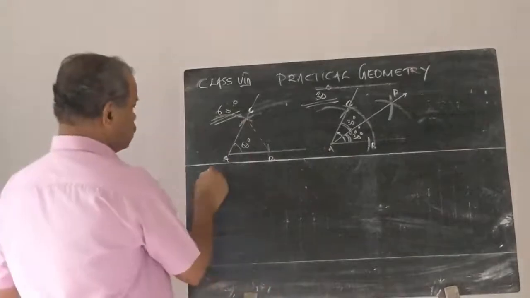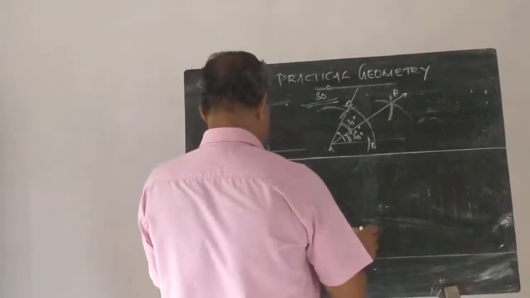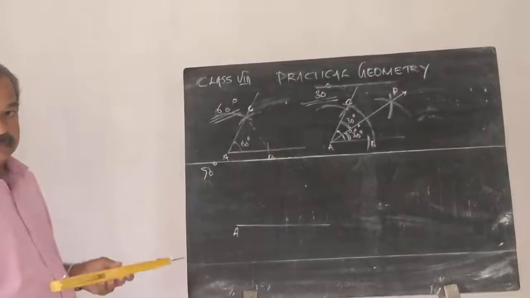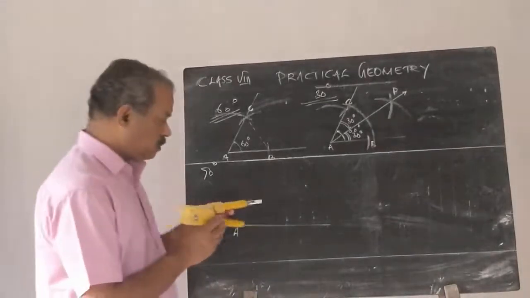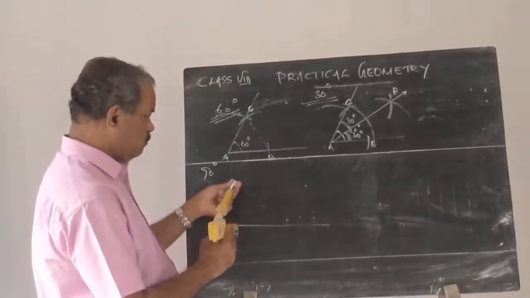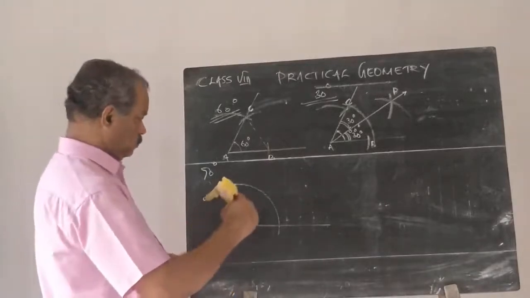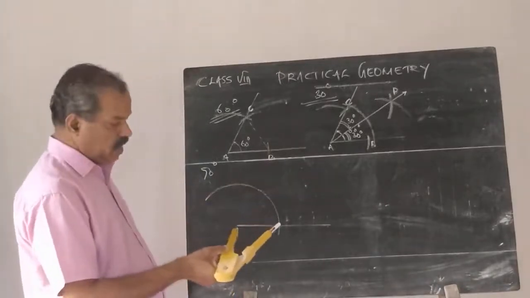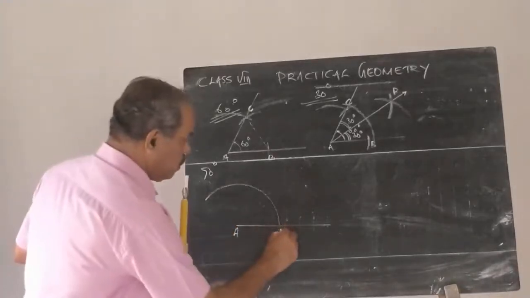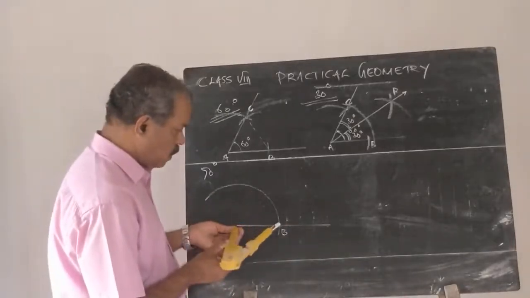Now 90 degrees. How to construct 90 degrees? Mark A. From this point, draw an arc with a convenient radius. Draw an arc in this manner, with the same radius from B. Mark this as B. See AB radius.